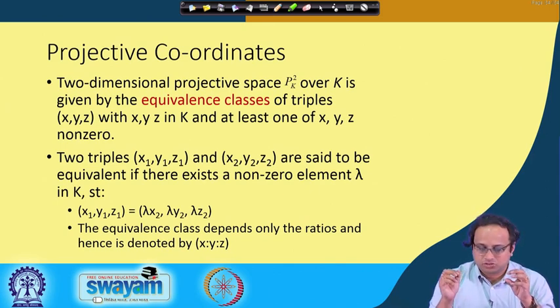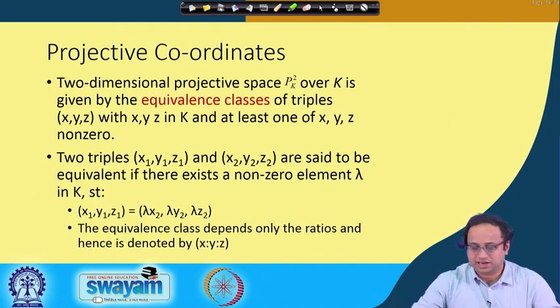If you are given 2 triples, x1, y1, z1 and x2, y2, z2, then they are said to be equivalent if there exists a non-zero element lambda which also belongs to the finite field, such that x1, y1, z1 is nothing but lambda x2, lambda y2, lambda z2. Okay. So the equivalence class is often defined only by ratios like x is to y is to z.